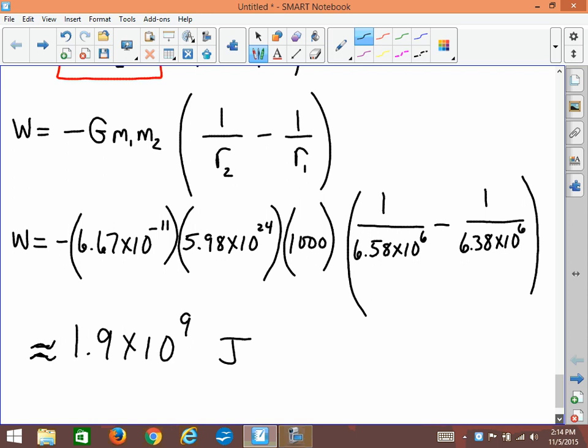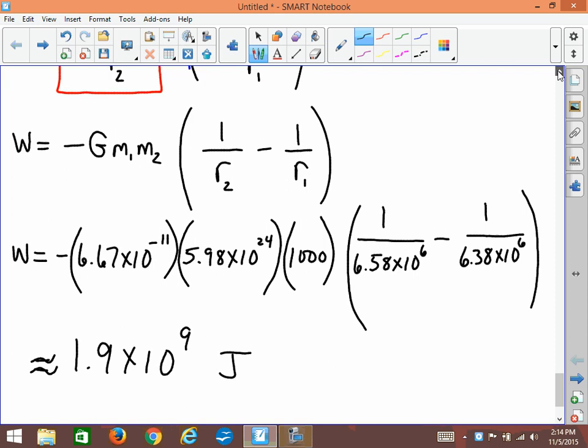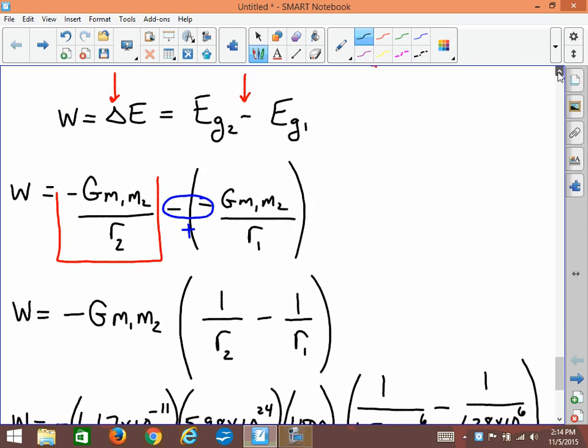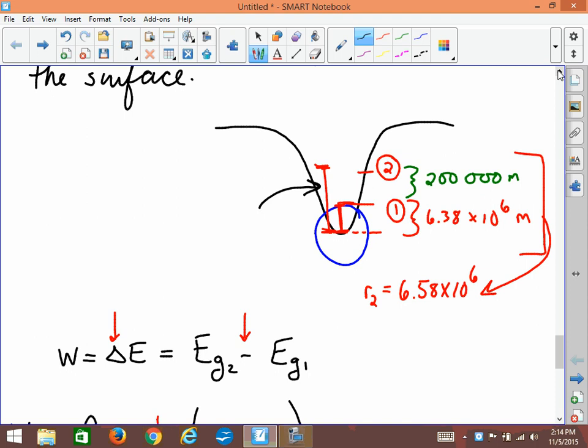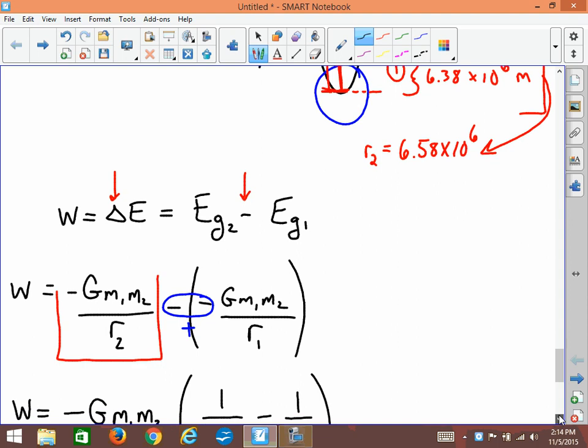If you use your calculator and you round off differently, you'll get close to that number. That basically means that it takes 1.9 times 10 to the 9 joules of energy to lift this spaceship from the Earth's surface to a higher point in the energy well, a higher point off of the Earth, 200 kilometers up. And that's basically how we use this formula.